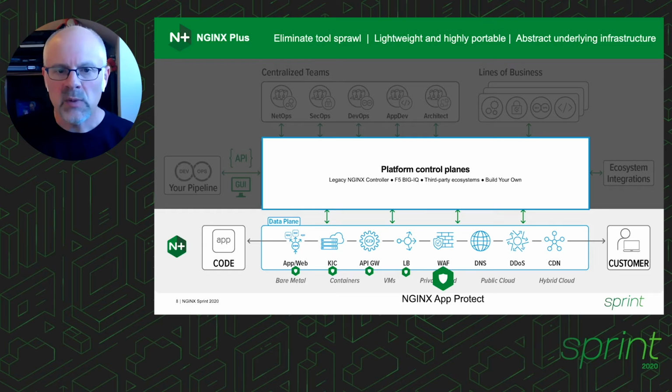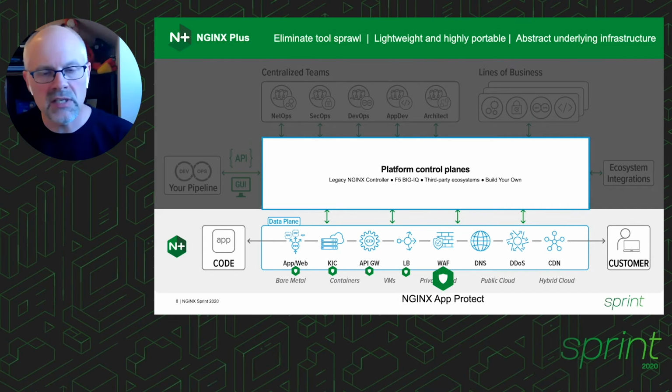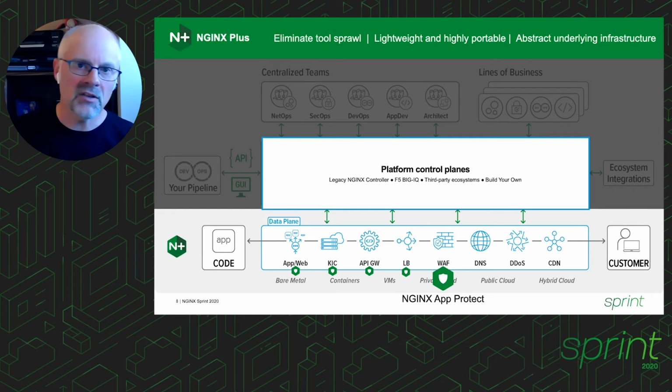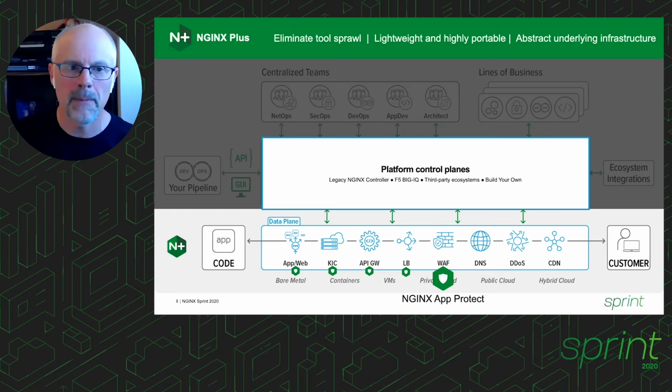For this audience, we are layering security in the form of the recently released NGINX App Protect, which layers in security for the main NGINX Plus use cases that we see from our customers. That's where you're using NGINX Plus for an application or a web server, or as an ingress controller, or as an API gateway, or maybe as a load balancer. You have the option with NGINX App Protect to layer in security for each of these application services.